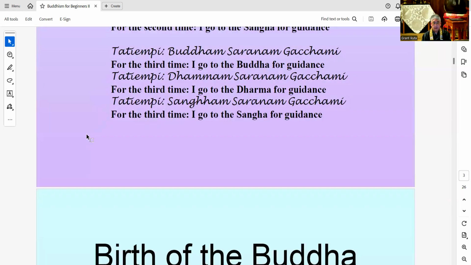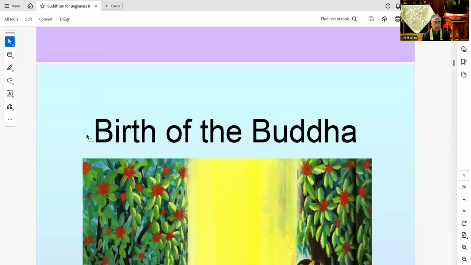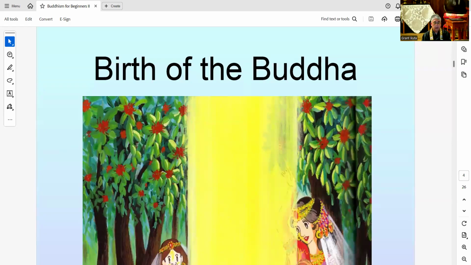So as I mentioned, today we're going to go into a little bit of the life of the Buddha. And of course, it starts off approximately 2,500 years ago. The exact dates are not written down, so we say approximately between 2,500 to 2,600 years ago.